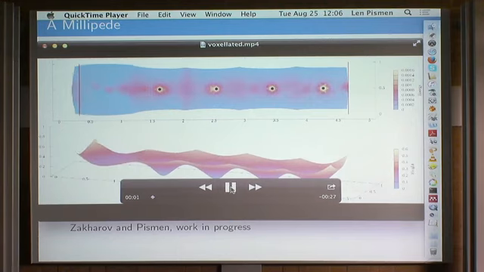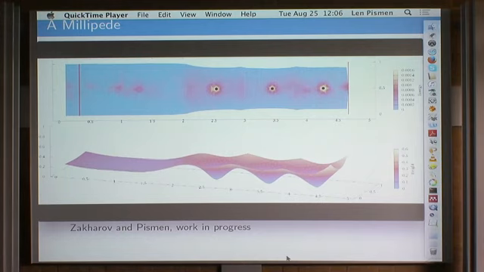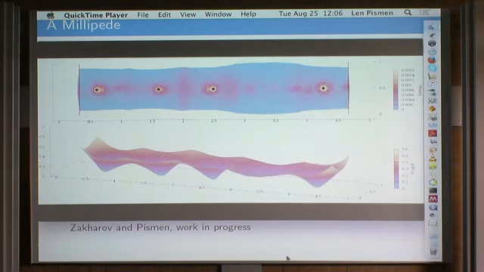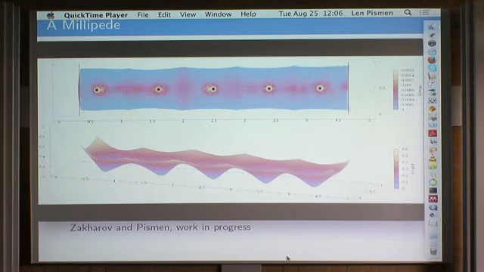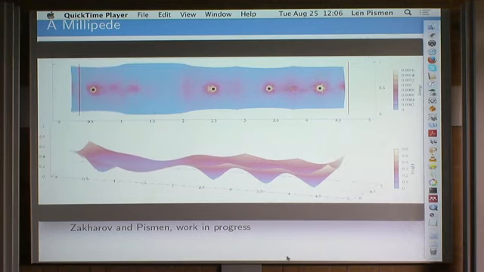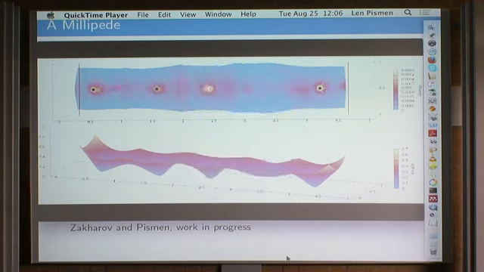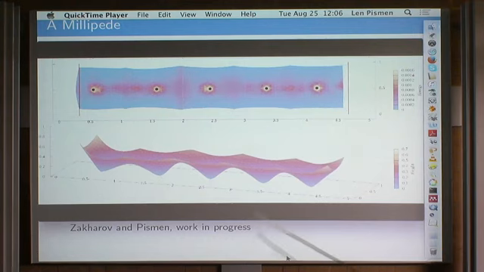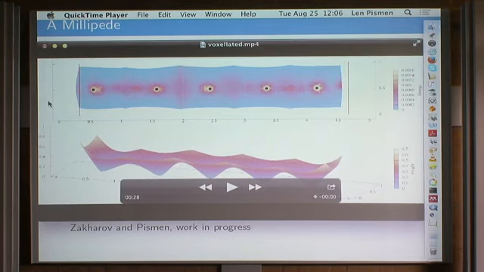And here is what goes on when the beam goes. You see it moved, and then it will move in a direction. So it is basically like a peristaltic worm, but here it is a more complex shape.